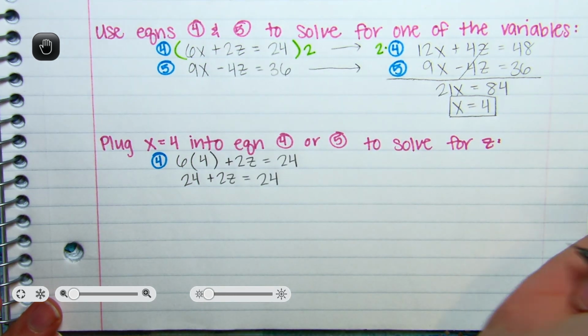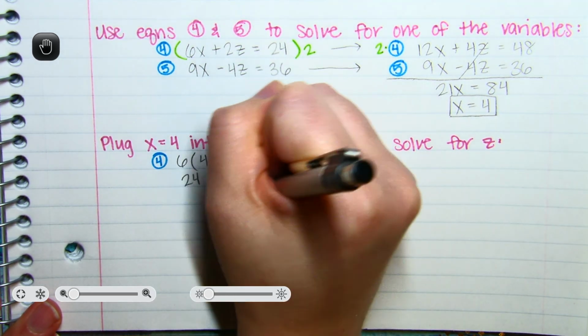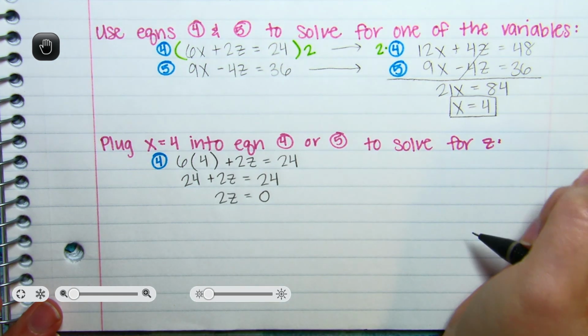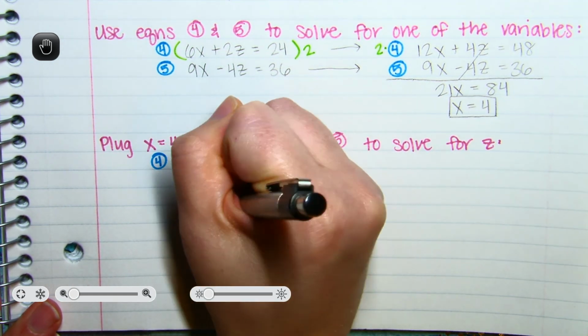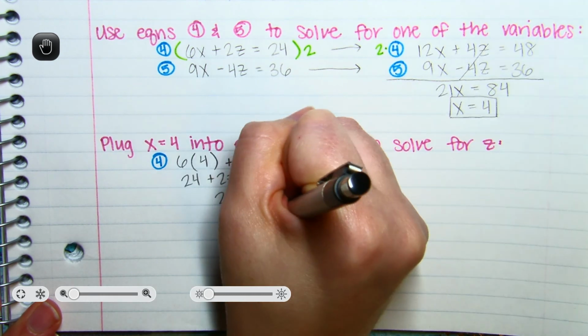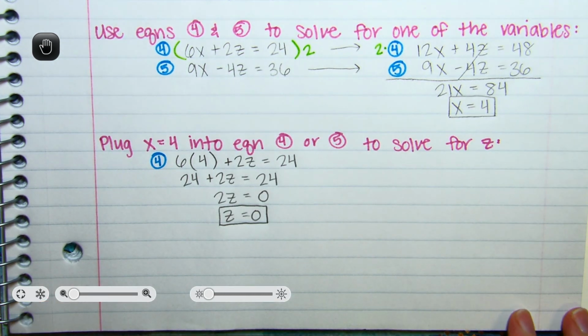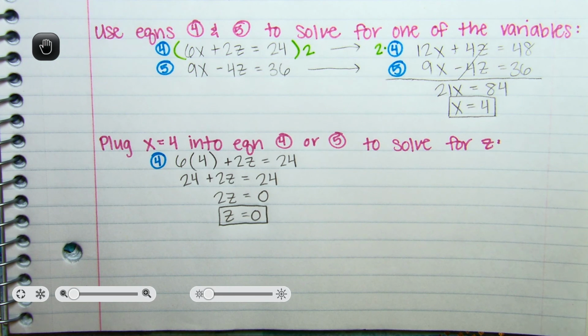Subtract 24 from both sides, and then divide both sides by 6. I now have my value for z. I have officially solved for 2 of my 3 variables.